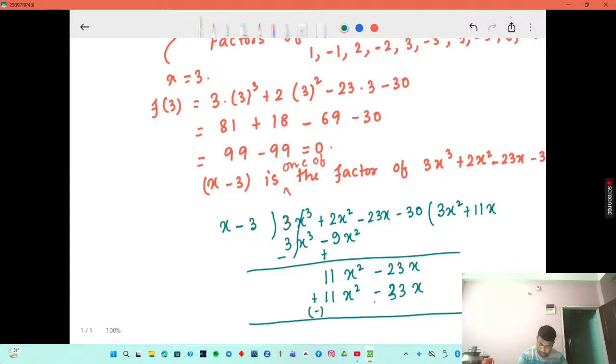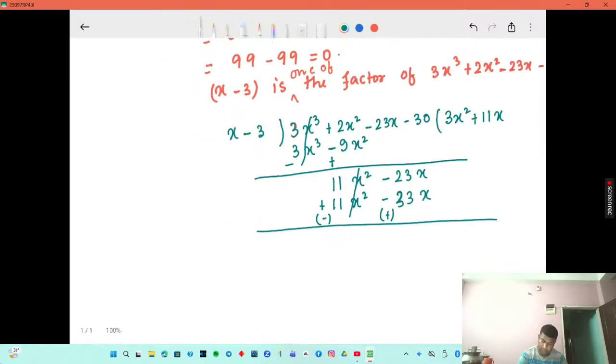Minus and here plus, and here it will come as 10x minus 30. So plus 10. That will be equal to 10x minus 30. So minus, here it will come plus 0.